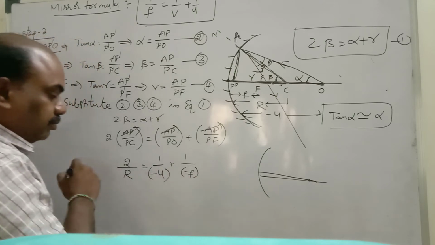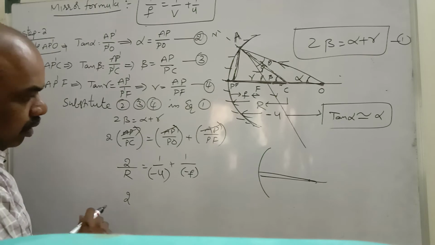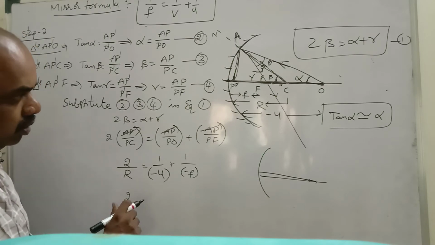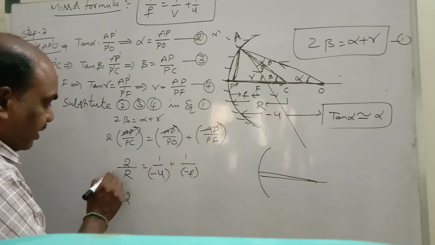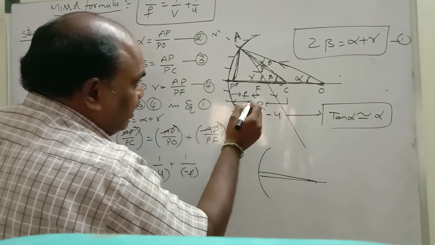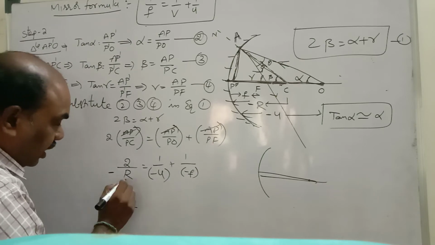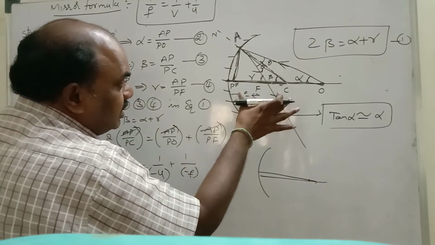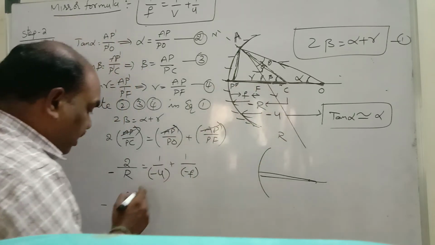So 2 by R, here the radius is also negative. Now radius is nothing but double the focus, R equals 2f, because the focus is exactly in between the pole and the center of curvature.